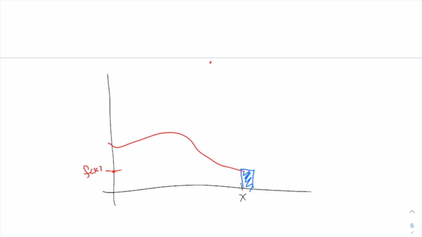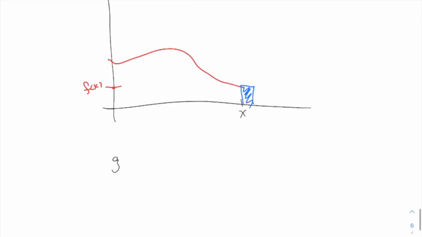What I'm trying to convince you of is that the size of the blue thing is very closely related to how high up the function is at that specific point. So the blue thing, which represents g prime of x, relates to f of x. In the first picture I drew, if f of x is big, then g prime of x is also big.